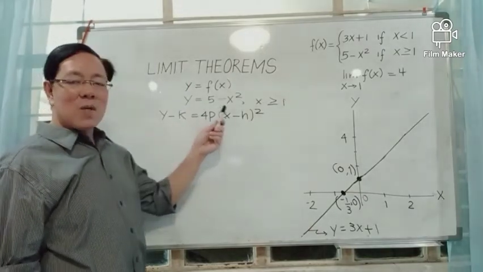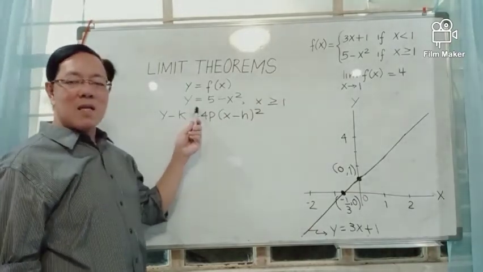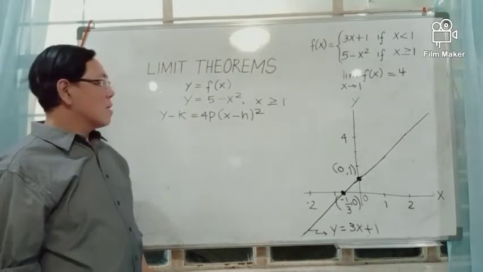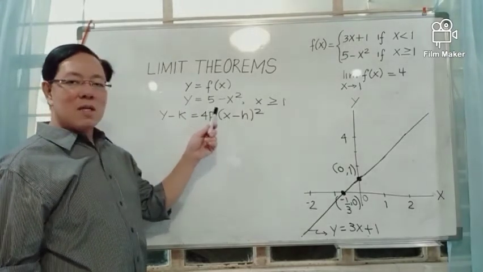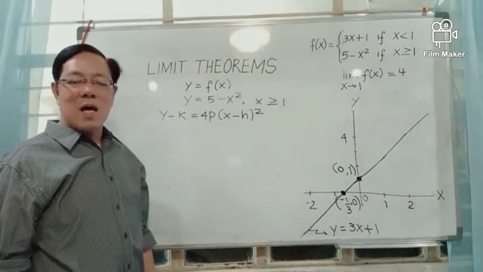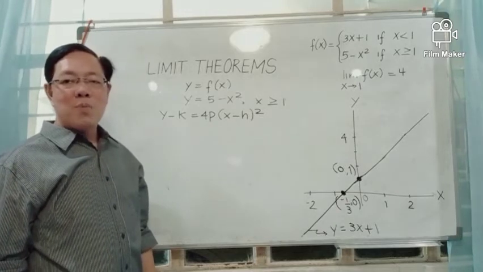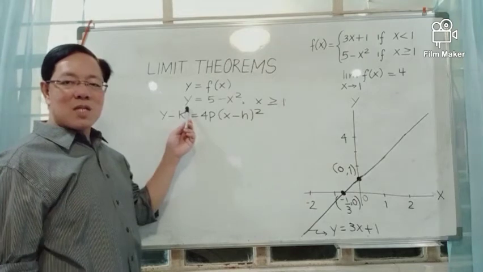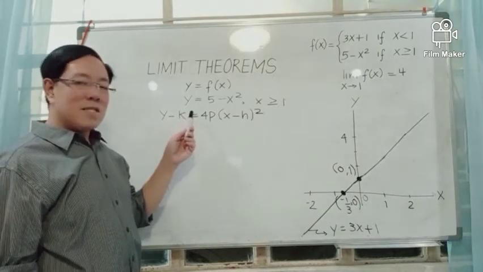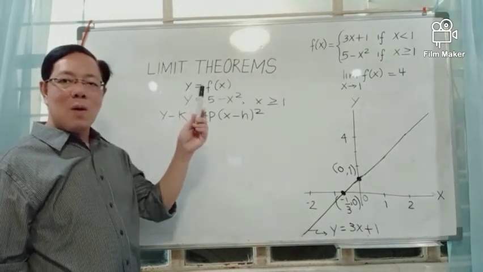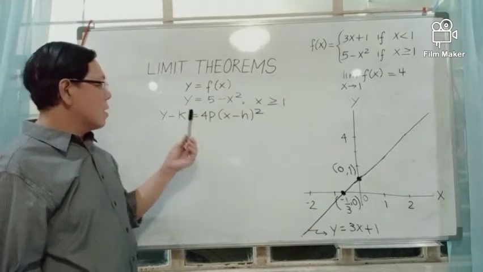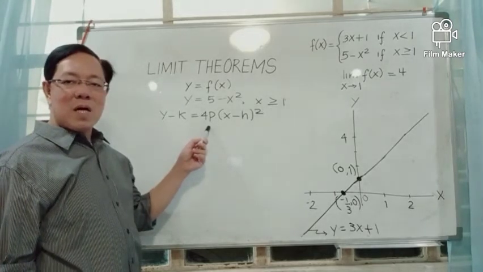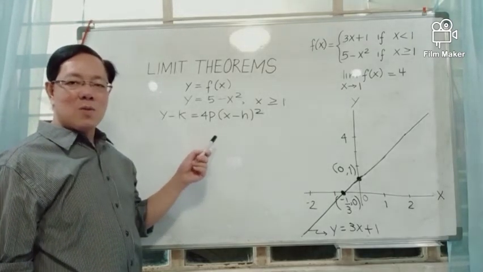When the quadratic equation is linear in y, the parabola is either open upward or open downward. When the quadratic equation is linear in x, the parabola is either open to the right or open to the left. In this example, our quadratic equation is linear in y. Hence, the parabola is either open upward or open downward. And the value of 4p will tell you whether the parabola is open upward or downward.